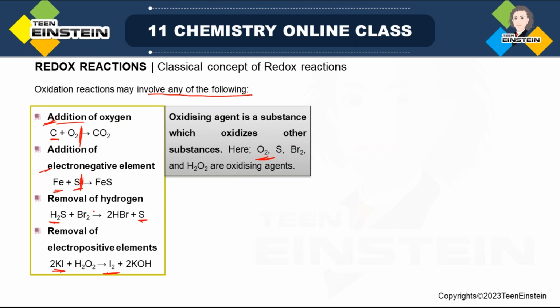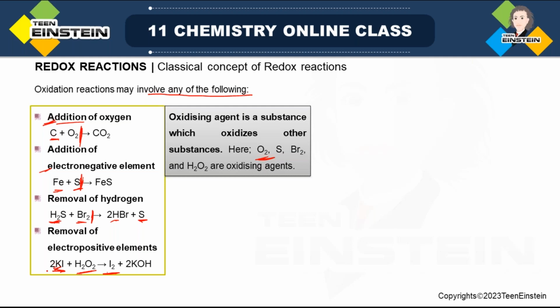In the third example, bromine is the oxidizing agent, because bromine is helping in the removal of hydrogen by accepting hydrogen itself. And in the last example, hydrogen peroxide is the oxidizing agent, because ultimately this HO part is actually taking the potassium part, the electropositive element. So these are the four oxidizing agents for these four particular examples.